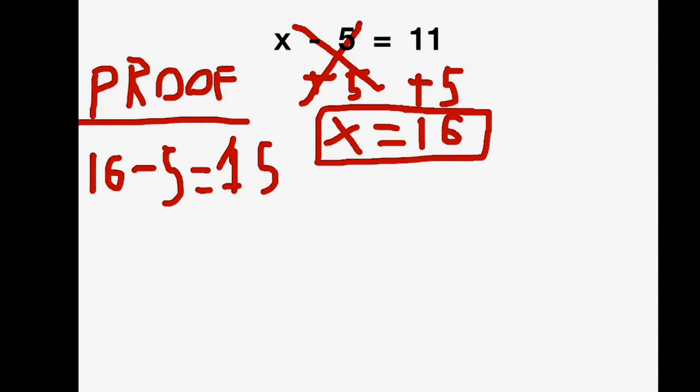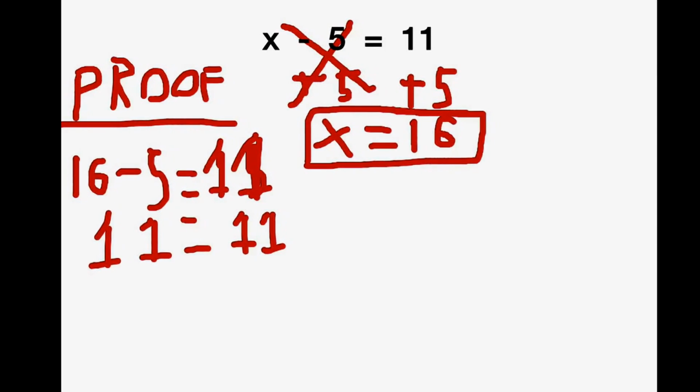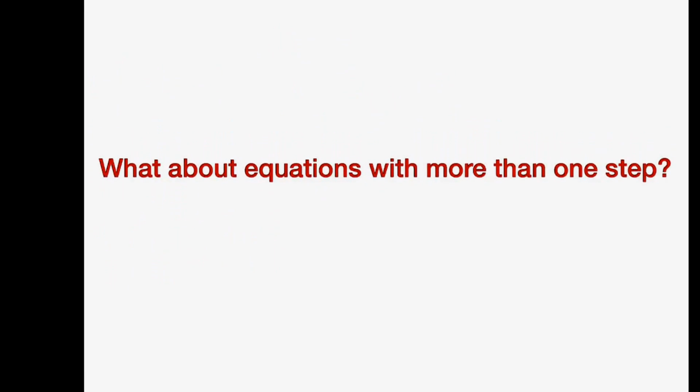Yep, 16 minus 5 equals 11. Sorry, I wrote a 15. Okay, 16 minus 5 does equal 11, and 11 is equal to 11, which you saw was the answer to the problem. 11 is equal to 11. So, yeah, that's how you solve the basic equations of this.